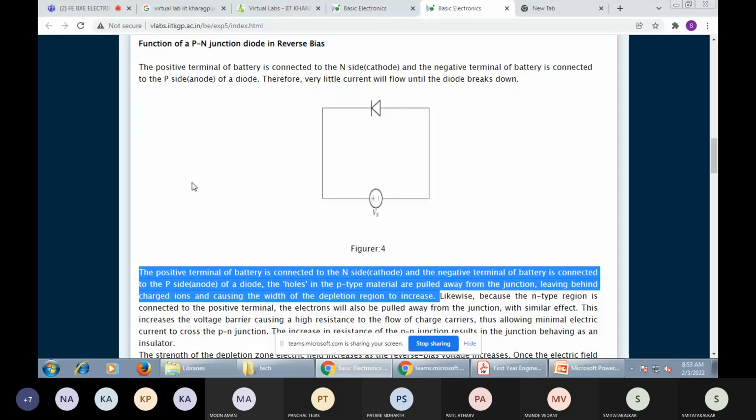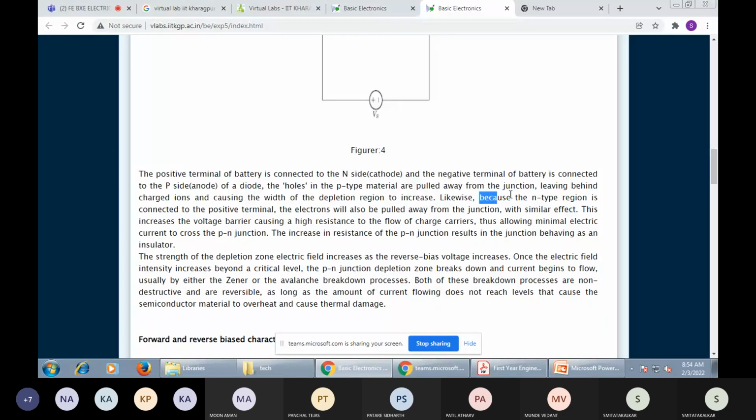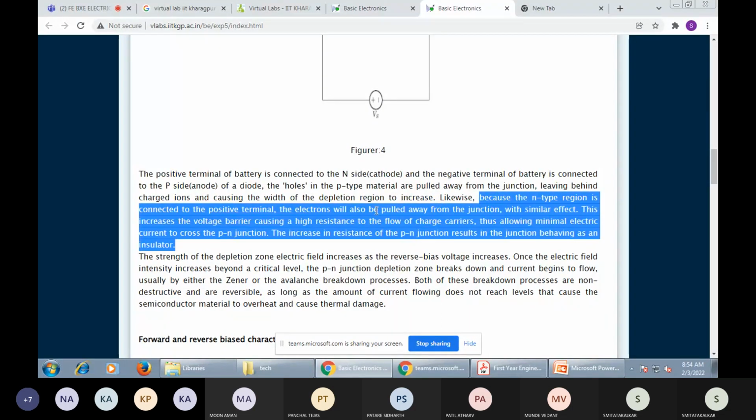The supply is positive and negative, but in reverse bias the PN junction diode is an open switch, so no current is flowing. The N region is connected to the positive terminal, and the electrons are pulled away from the junction. But the effect is that the barrier voltage increases.